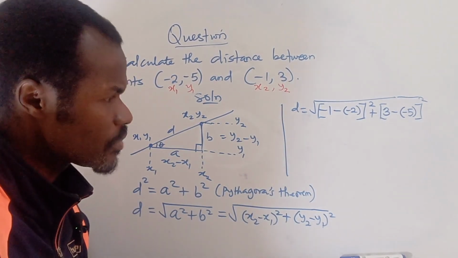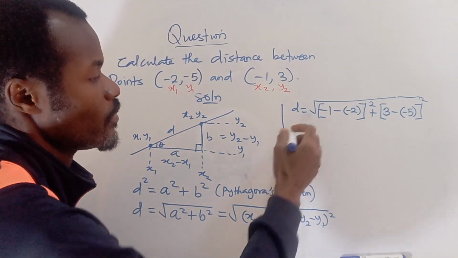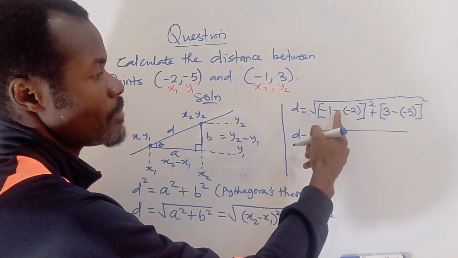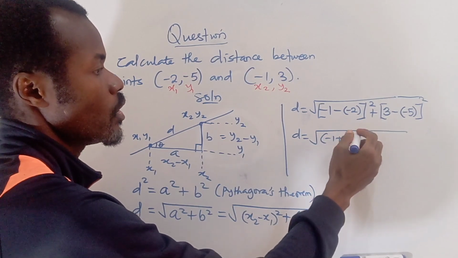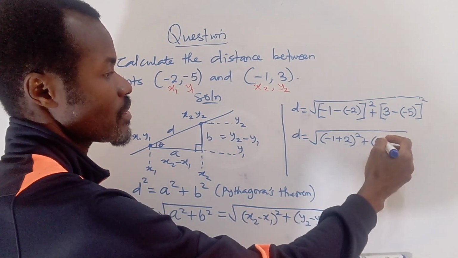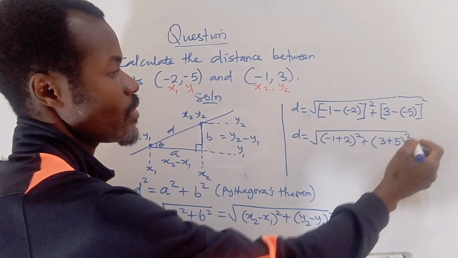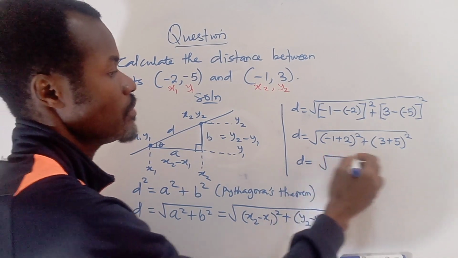Now that we have gotten that, we can solve that further. So the distance is going to be, minus times minus is plus, so I have minus 1 plus 2 all squared, plus, minus times minus is also plus, so we have 3 plus 5 all squared.